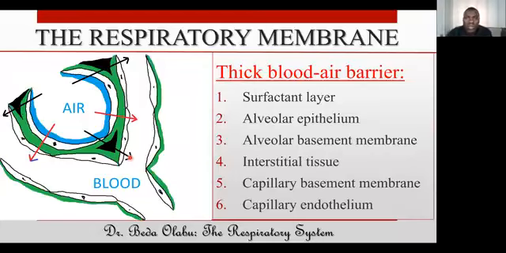This thick blood-air barrier functions as a reserve for fluid accumulation if there is edema. If there is edema within the lungs, the fluid in the lungs will accumulate within the interstitial spaces.